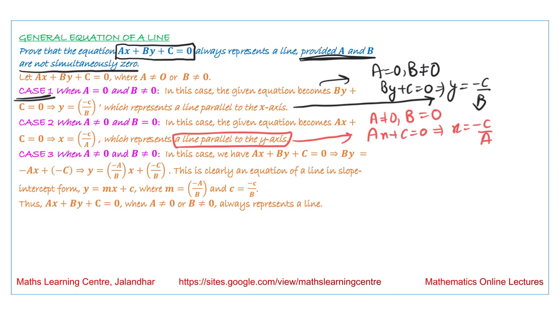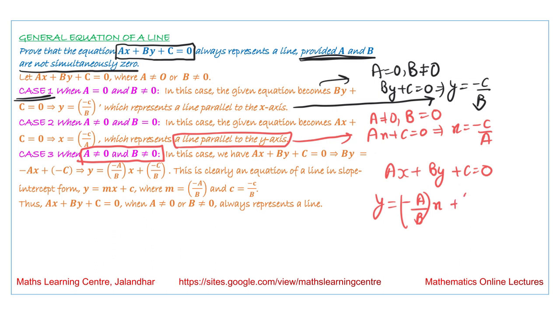And in the third case, when both a and b are not equal to 0, this equation ax plus by plus c is equal to 0 can be written in the form y is equal to minus a by b times x plus minus c by b.